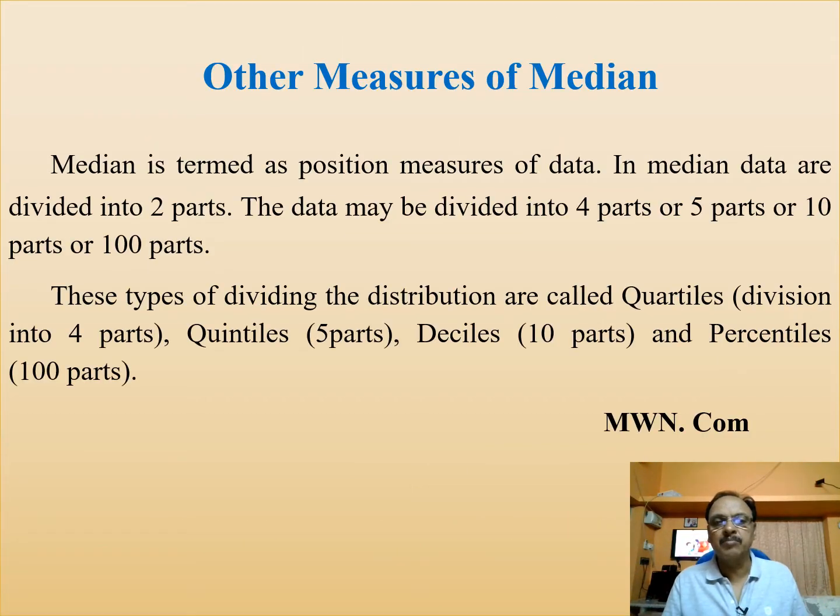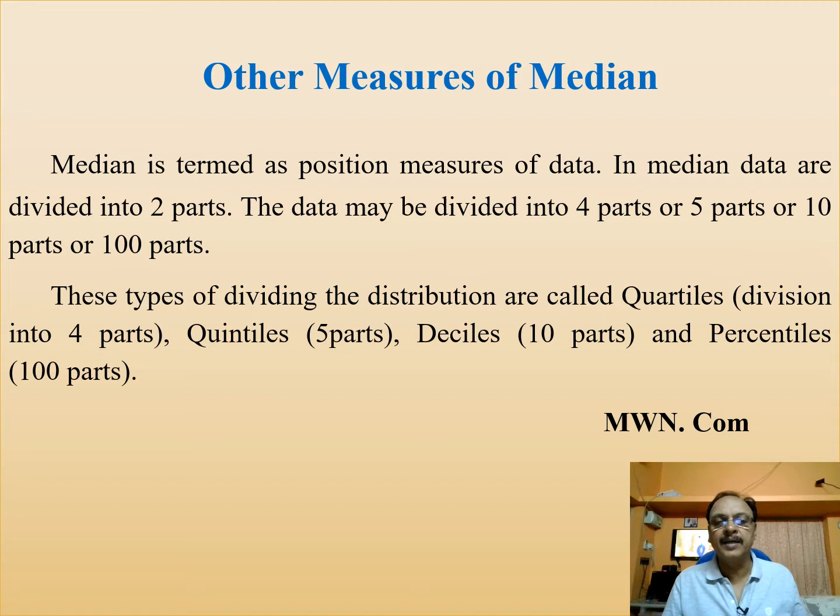Other measures of median. Median is termed as a position measure of data. In median, data are divided into two parts. This data may be divided into 4 parts or 5 parts or 10 parts or 100 parts.